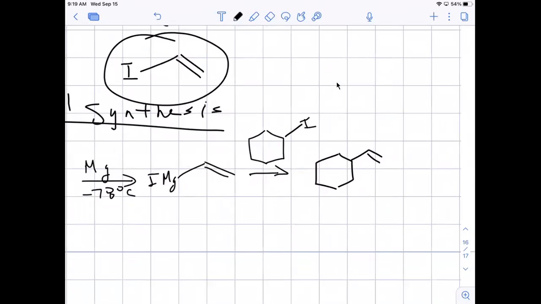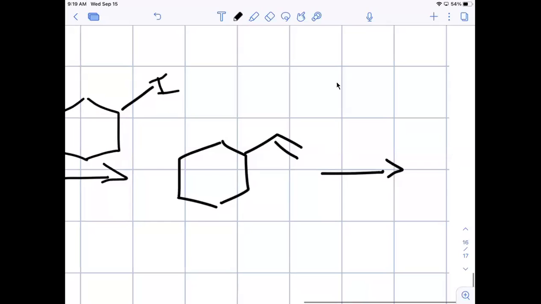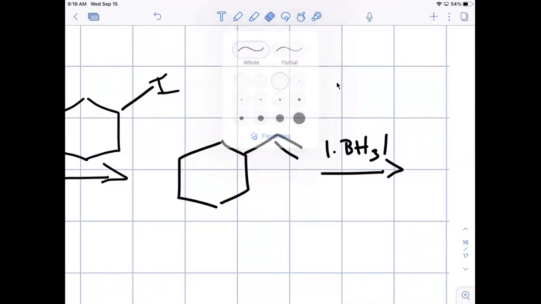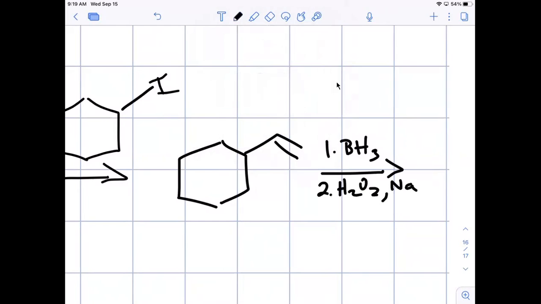Yes. And then if I take that and treat it under hydroboration conditions, which is BH3, and then in the second phase of the reaction, hydrogen peroxide and sodium hydroxide.